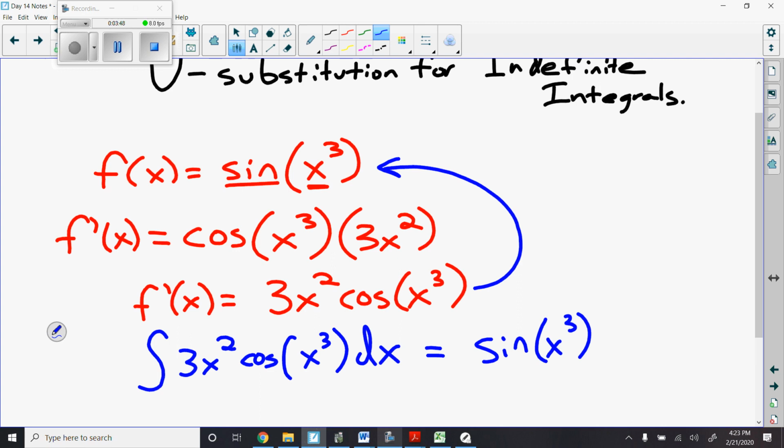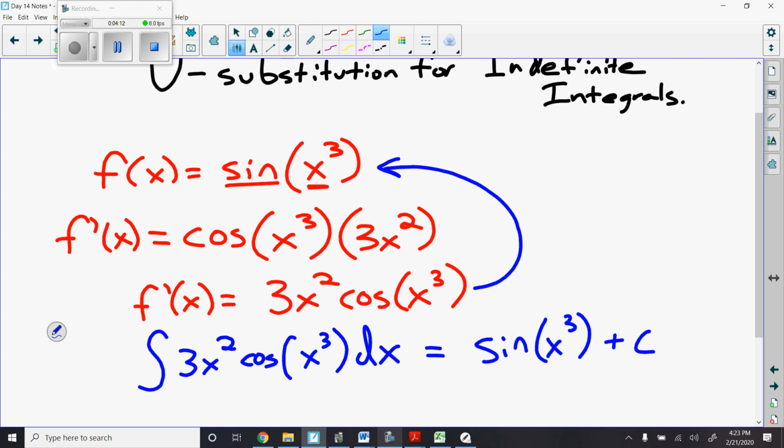Okay, but since it's an indefinite integral, there are infinitely many, so I would just write plus c to account for that. The question is, how could I solve that indefinite integral if I didn't just do that derivative? Okay? So that's where u-substitution comes into play.